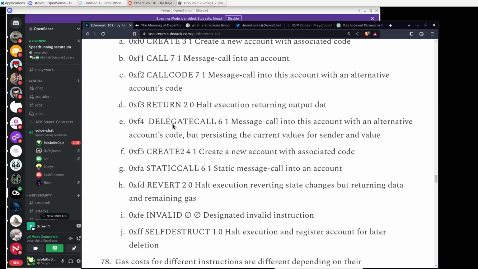Here's the dangerous one, 0xF4, DELEGATECALL: message call into this account with an alternative account's code, but persisting the current values. Remember, delegate calls keep context, so the message stays intact with its value and its sender. So be careful when importing code into a smart contract, because that's what you do with a delegate call.